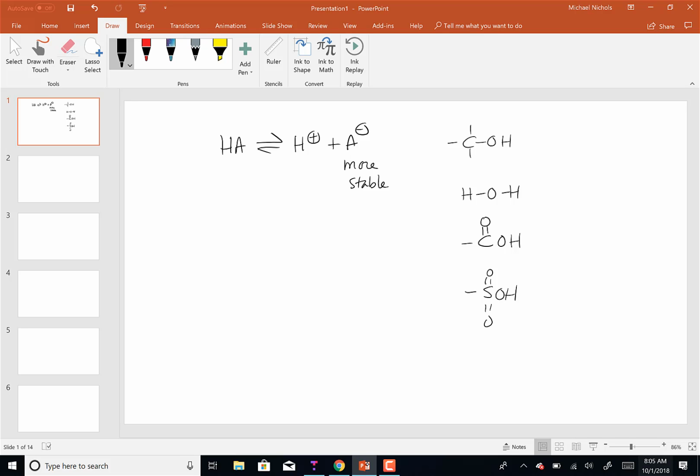In terms of acidity, the one that has the most stable conjugate base is going to be the strongest acid.